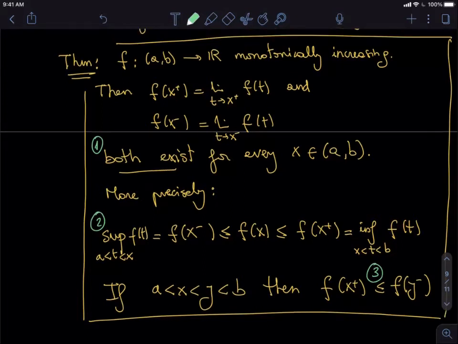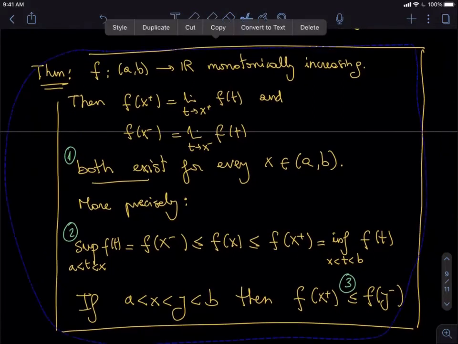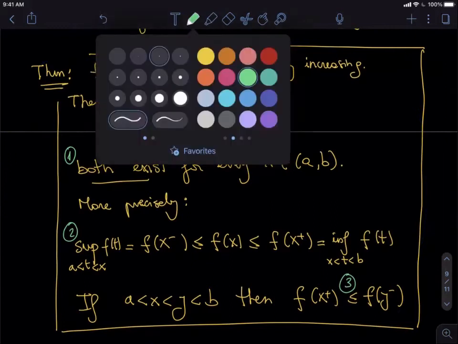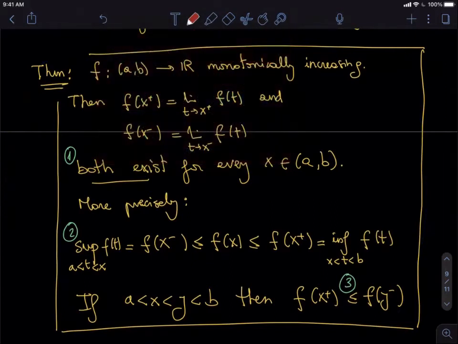Okay, and this, I mean, this is obvious, but let me just mention. I wrote this for, let's use a different color, for increasing functions, but for decreasing functions, there are corresponding results.